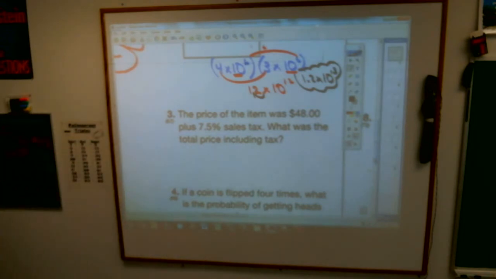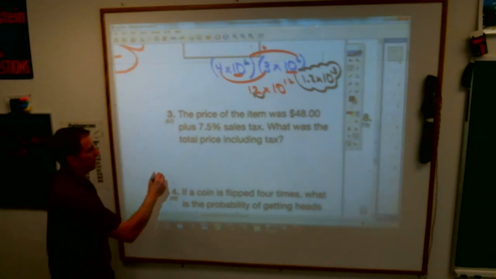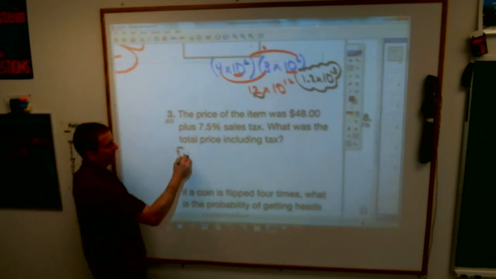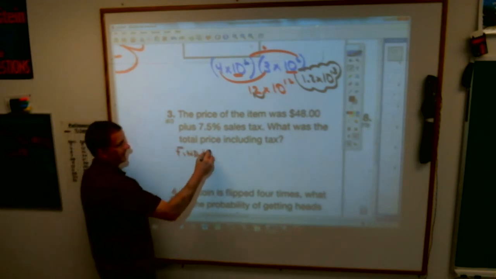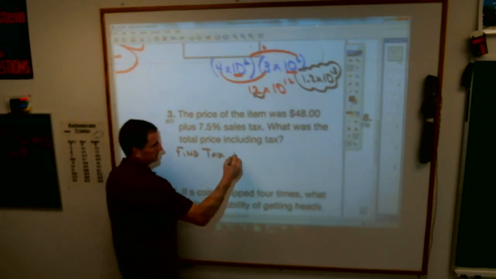The price of an item was $48 plus 7.5% tax. What was the total price including tax? Probably the easiest way to do this would be what? I would find how much tax and add it together.